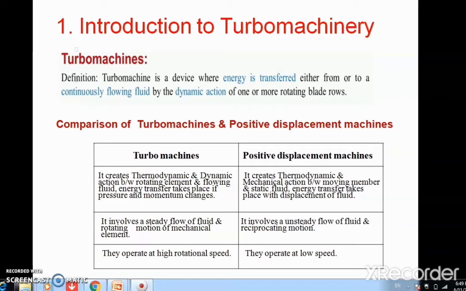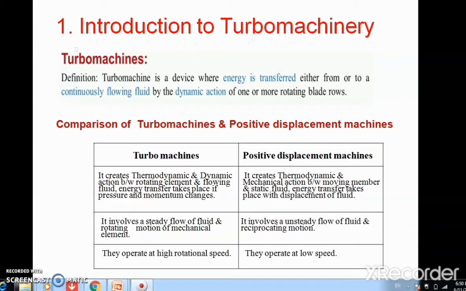While in positive displacement machines, the thermodynamic and mechanical action is created between the moving member, which in an air compressor is the piston, and the static fluid. The fluid is static initially. Afterwards it is made dynamic, but it deals with static fluid initially.